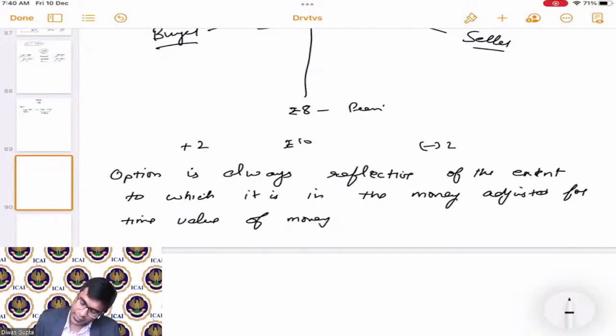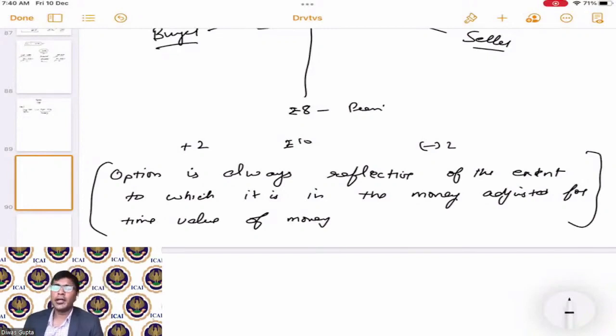See, students, these three lines are very beautiful, and they conclude the entire thing on option premium.